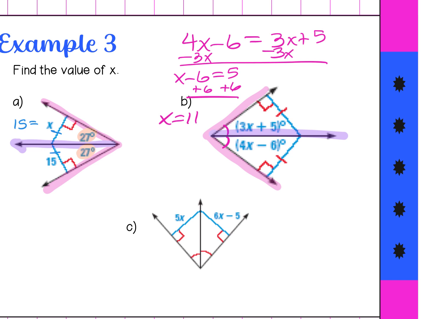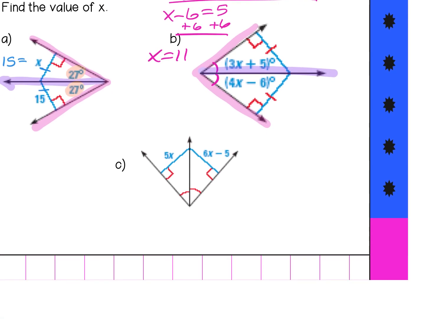Now remember, on all of these, it didn't ask me to find any angle measures or segments. All it wanted me to do was find the value of x. And then for the last one, we're going back to the angle bisector theorem, and we can tell that this angle was bisected because of the two congruent pieces here.